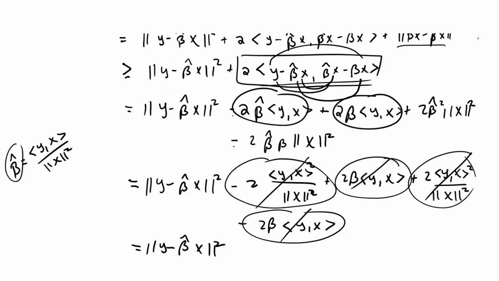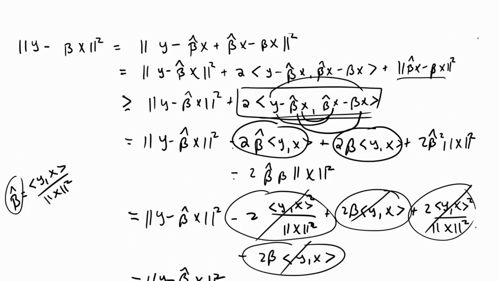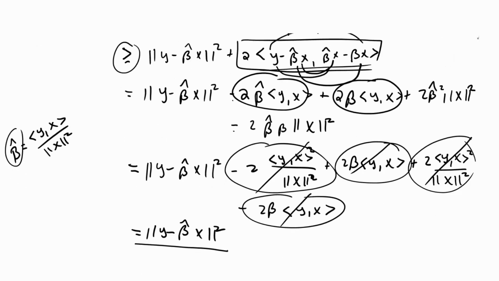Okay, so looking back, what we see is that this quantity has to be bigger than when we plug beta hat in, because they're all equalities except for that one where we get a greater than or equal to. So beta hat has to be the unique minimizer of that equation, or at least the minimizer of it. You can show that it's unique.